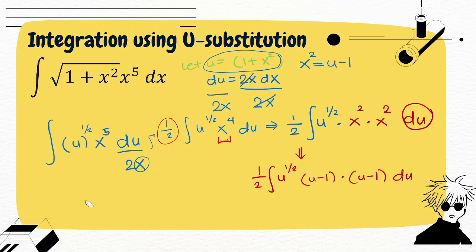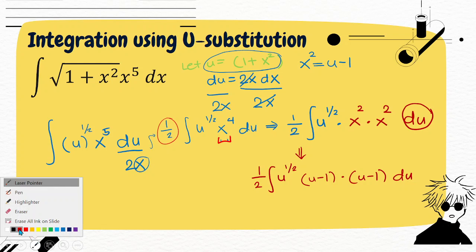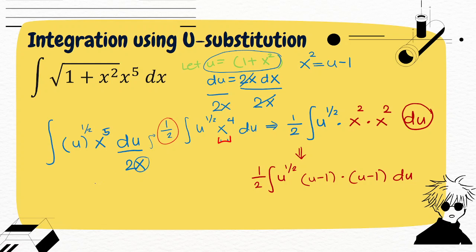Nawala si x, sir. Nawala nga. Dapat, kasi dinivide natin si x raised to 5 at x. Minus lang yung exponent. Di ba pag magdi-divide tayong x raised to 6 over x cube, ang sagot x cube?